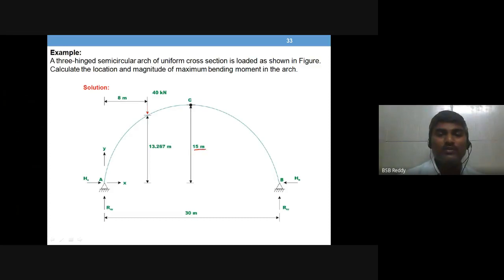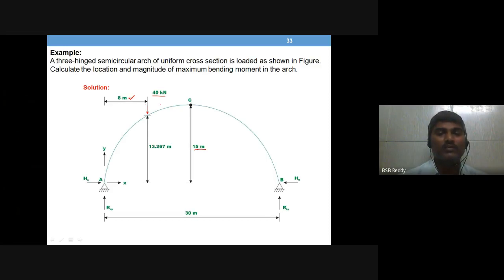So the radius of the arch is 15 meters here, hence the span is 30 meters and the rise is 15 meters, right? The loads given are, if you see, a point load of 40 kilonewtons at 8 meters from the left support. This is the load position.